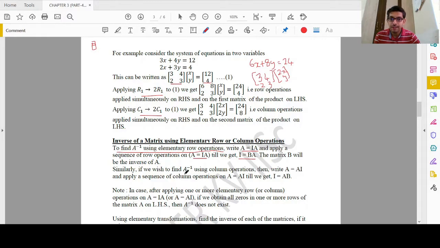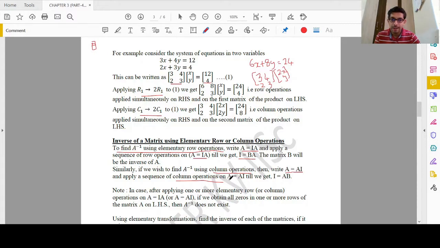Similarly, if we wish to find A inverse using column operations, then again using the above result, column operations need to be applied only on the second matrix of the product. So in order to apply column operations, we have to write A equal to AI, and apply a sequence of column operations on this matrix equation.